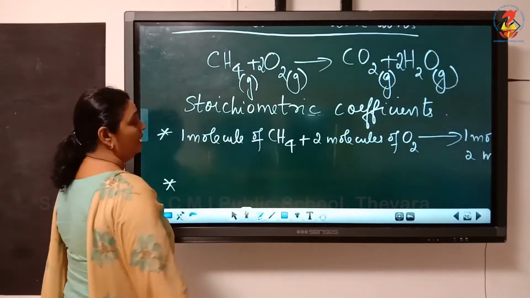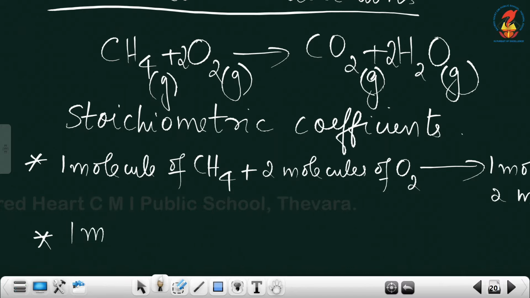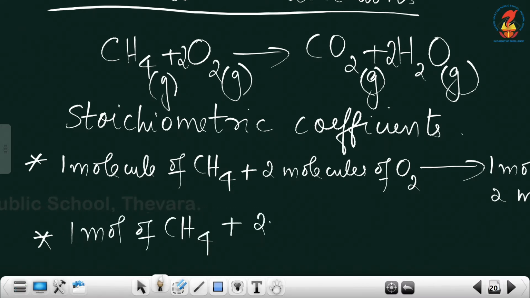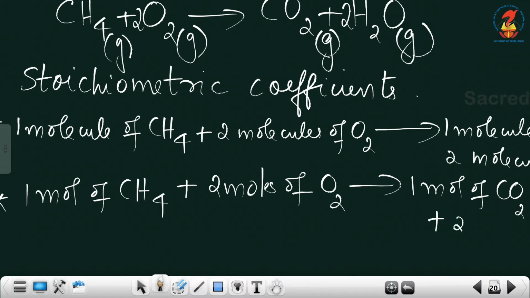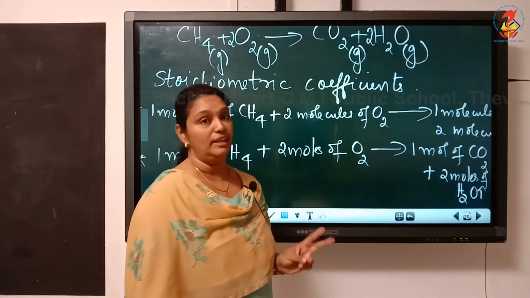If you look at this equation, I can write 1 mole of methane combined with 2 moles of oxygen to give 1 mole of carbon dioxide plus 2 moles of water vapor or steam, H2O. So this is the second information.